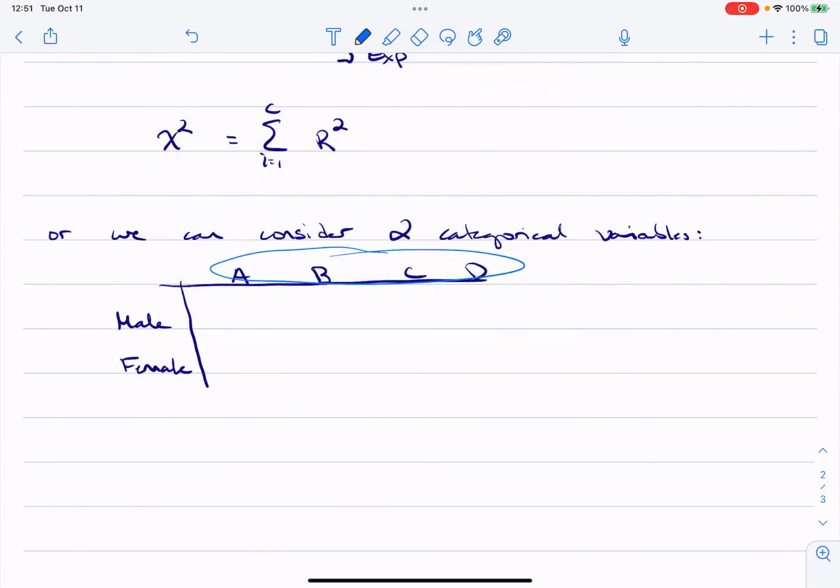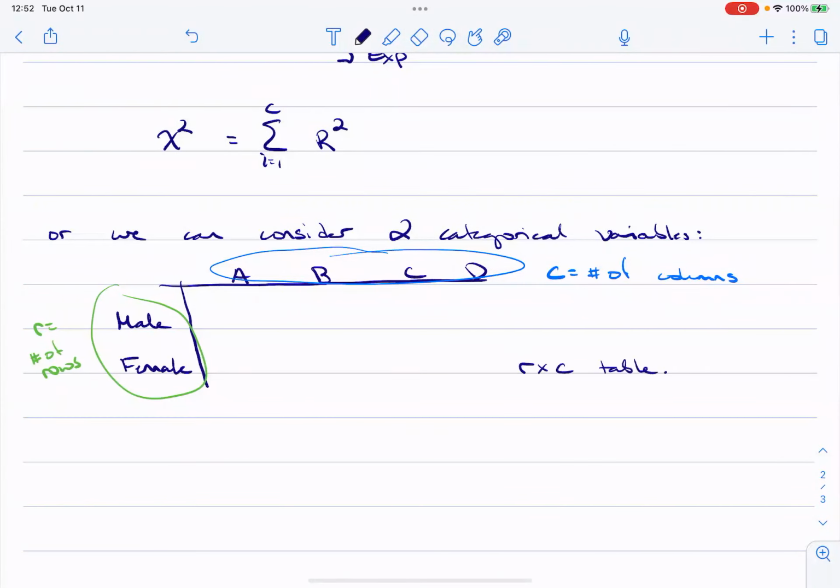Then I'm going to let C be the number of columns and R be the number of rows, making this an R by C table. I think the degrees of freedom are R minus 1 times C minus 1, something like that. Doesn't matter for us because we're going to move away from that.